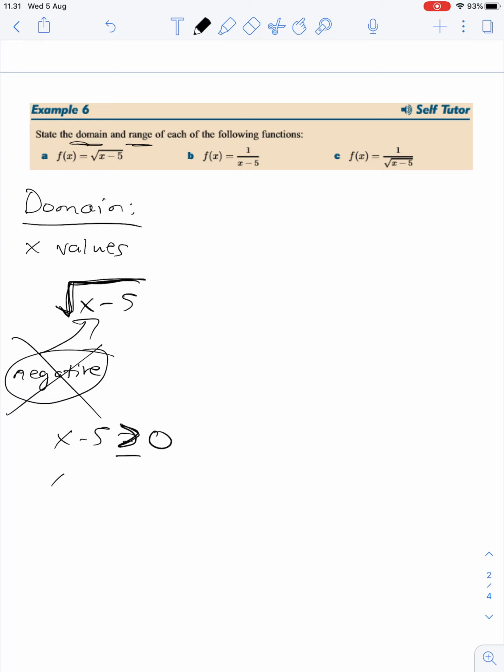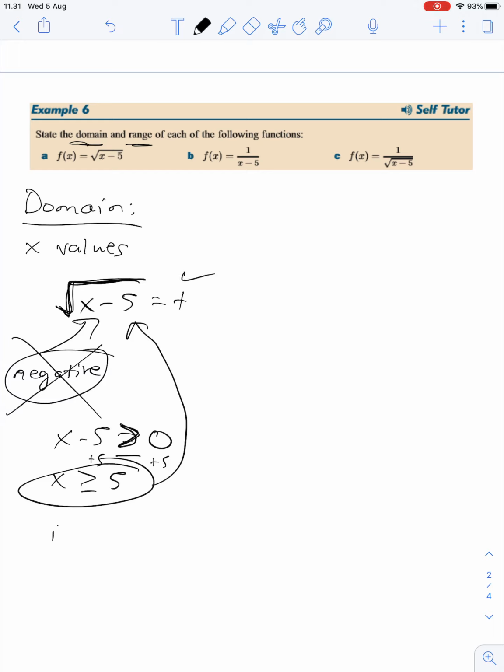If I solve this, x is greater than or equal to, I add 5 to both sides, 5. That tells me that every value 5 and above would make this some positive number. You can do that, right?